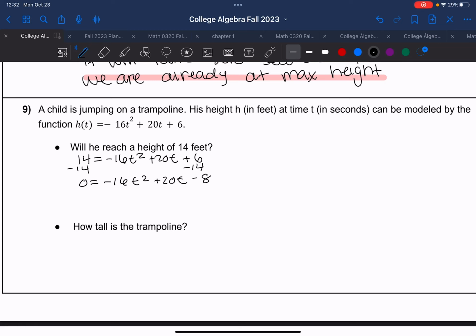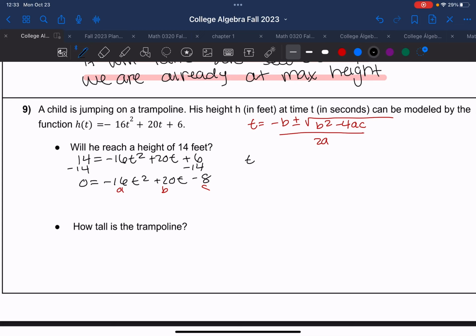Now what I'm going to do, labeling my a, b, and c values, I'm going to plug this into the quadratic formula. So remember that formula is x is equal to, but in this case our variable is t, so t is equal to negative b plus or minus the square root of b squared minus 4ac all over 2a.